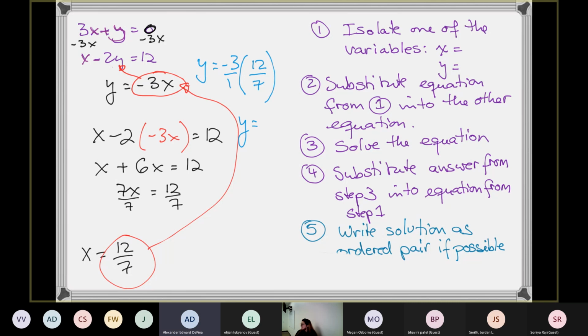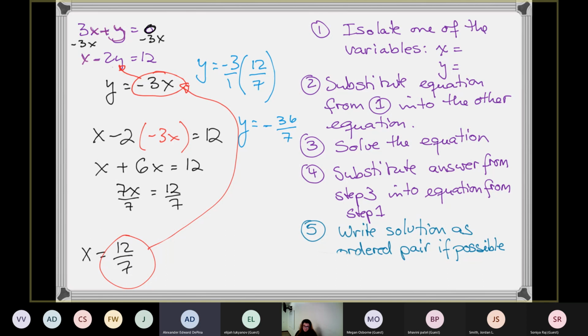Straight across. Okay, then tell me what the answer is. Negative 36 over 7. Negative 3 times 12 is negative 36. 1 times 7 is 7.